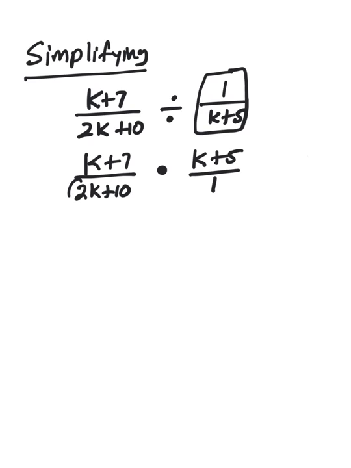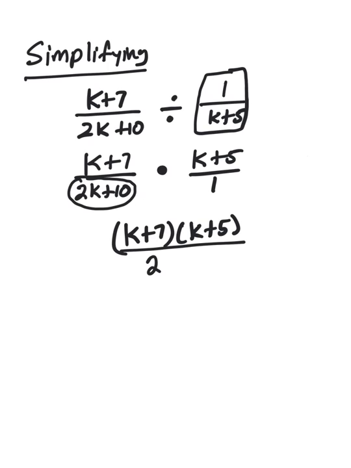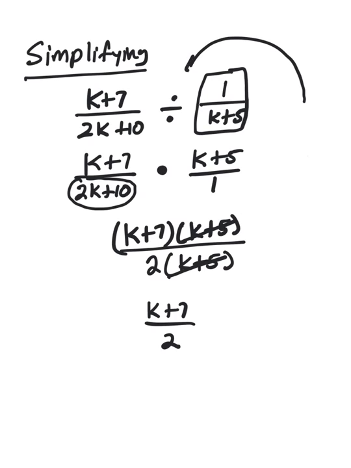You notice that we have 2k plus 10. The common factor is 2, so you have k plus 7 times k plus 5 divided by 2 times k plus 5. k plus 5 and k plus 5, when you divide, is going to be 1. So what are you left with? k plus 7 divided by 2. The whole key in this process is that when you're dividing, you have to give me the reciprocal of the second fraction.